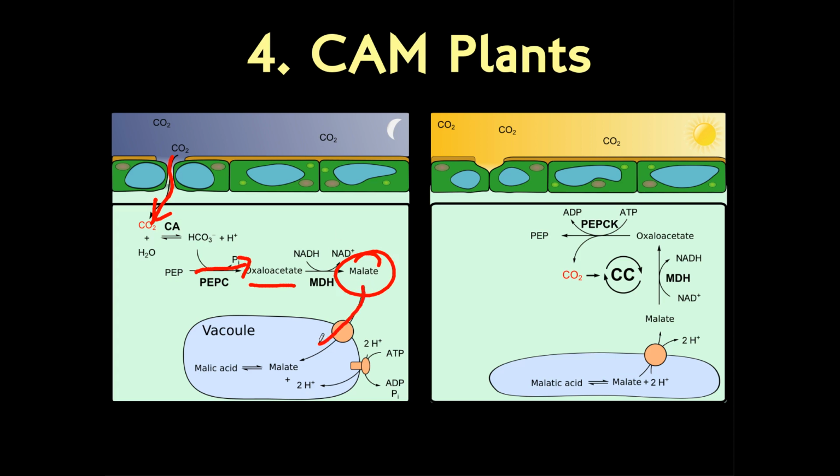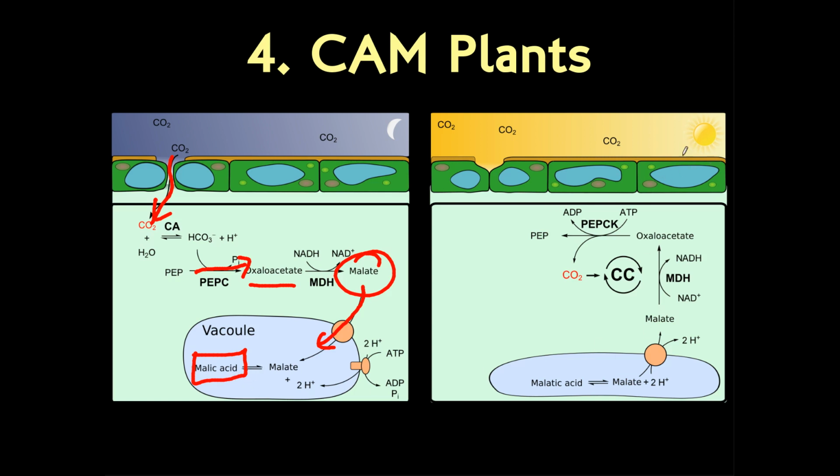We're turning that into malate, and then that malate we are going to store in a vacuole. And as we do this, we're going to keep the CO2 low in here. We can keep essentially having it diffuse into here and just essentially concentrating malate. Then it's actually going to be turned into malic acid, which is a little bit easier than malate to store in aqueous solution in the cell.